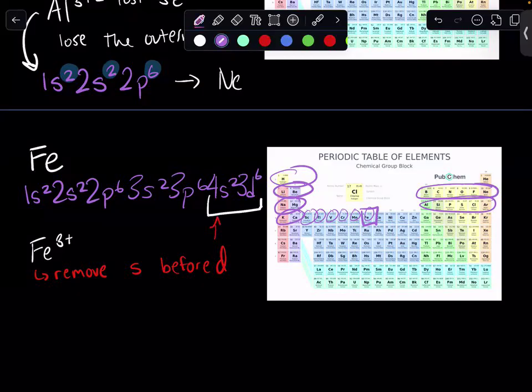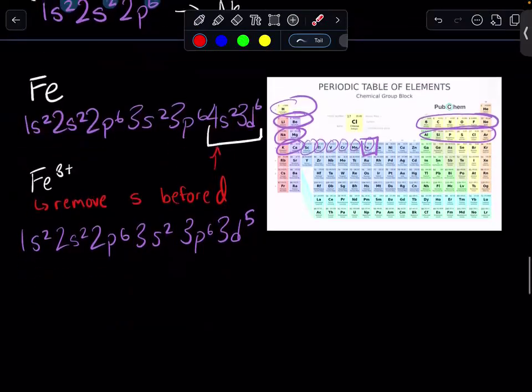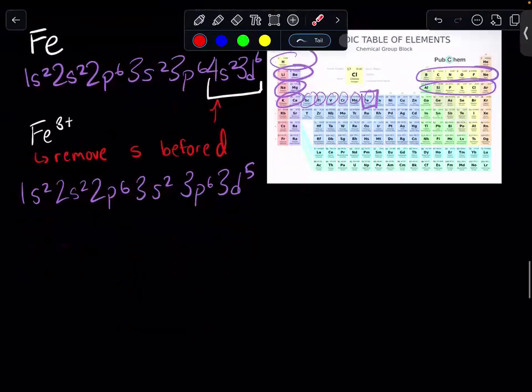So we'll end up with a notation that is 1s2, 2s2, 2p6, 3s2, 3p6, 3d5. We'll remove the 2 4s's and 1 from the d6. So keep that in mind when you're doing transition metals. You're going to remove from the 4s before the 3d.